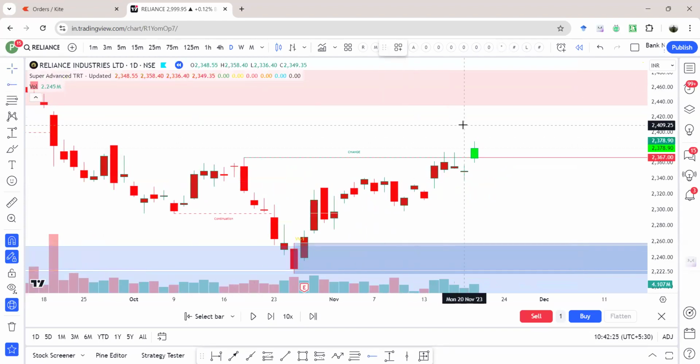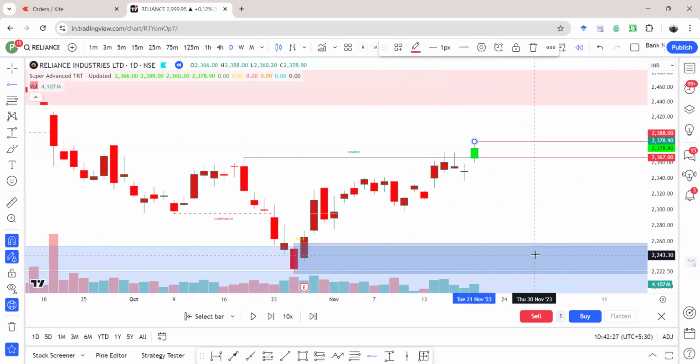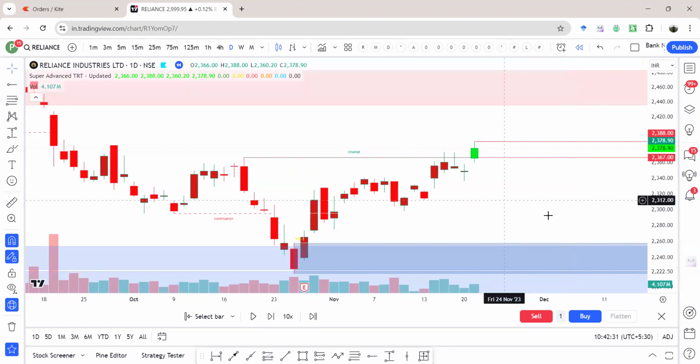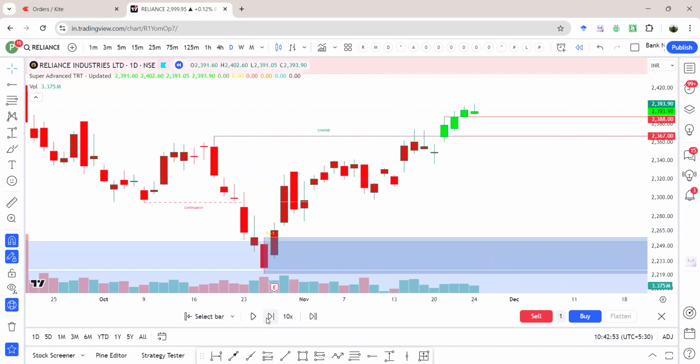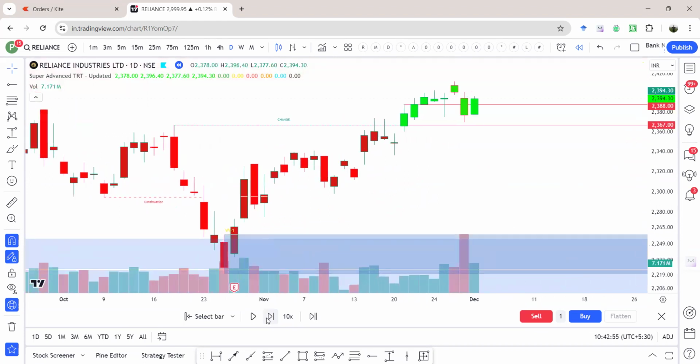Now, what I can do is place an order to buy above this 2388 and place a stop loss below this, or anywhere below. I feel that if price crosses above 2388, it is likely to keep on going higher. So at this level, when price crosses, it will trigger my entry. And it is good for momentum.